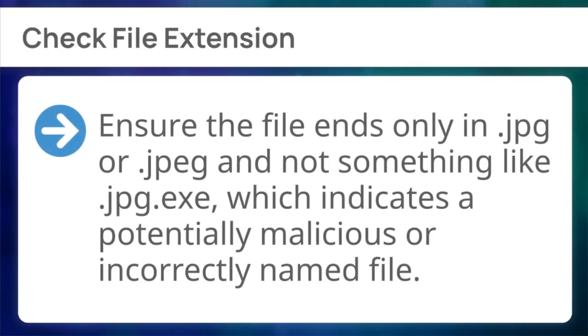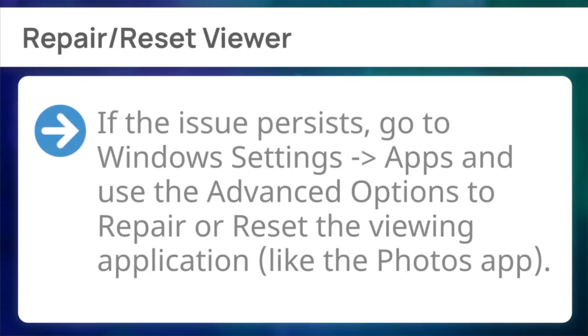Ensure the file ends only in .jpg or .jpeg, and not something like .jpg.exe, which indicates a potentially malicious or incorrectly named file. Finally, repair, reset, viewer. If the issue persists, go to Windows Settings, Apps, and use the advanced options to repair or reset the viewing application, like the Photos app.